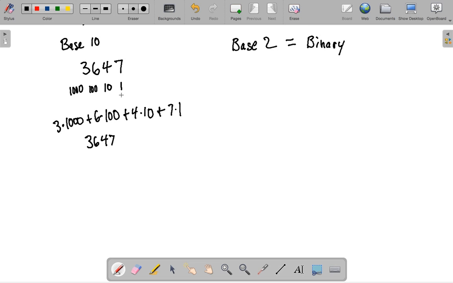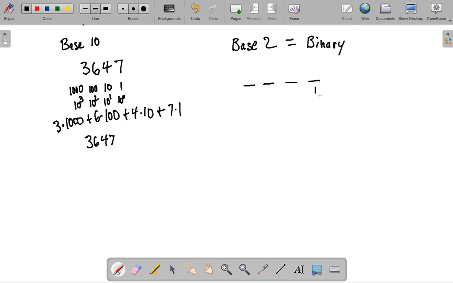Now that you understand exponents, you know that 1 is 10 to the 0 power, 10 is 10 to the first power, 100 is 10 to the second power, and 1,000 is 10 to the third power. Well, in base 2, each of the place values is based on powers of 2.